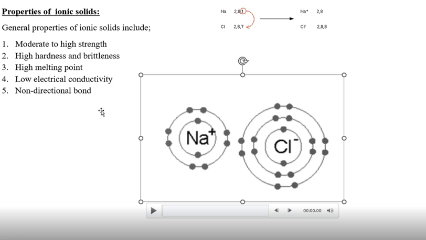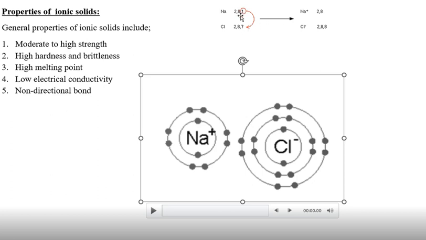So general properties of ionic solids include moderate to high strength, then high hardness, brittleness, we'll discuss those, and high melting point, low electrical conductivity, and non-directional bond. Right? This is also non-directional, because we can't find any direction for the bonding to happen. There are so many ways for it to happen, so it is called non-directional.